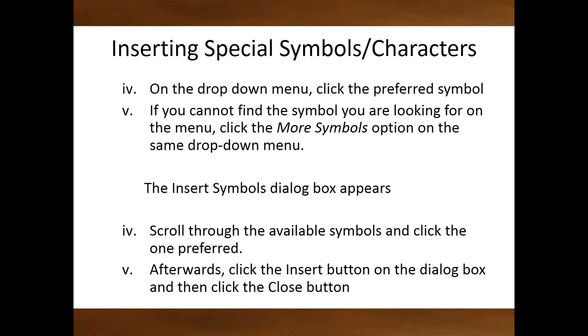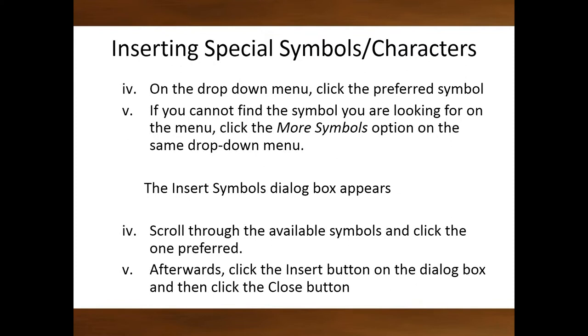Step 5. If you cannot find the symbol you are looking for on the menu, click the More Symbols option on the same drop-down menu. When you do so, the Insert Symbols dialog box appears. Step 6.